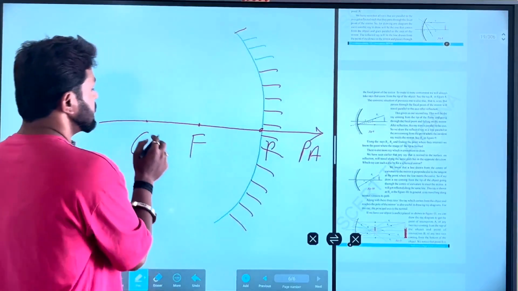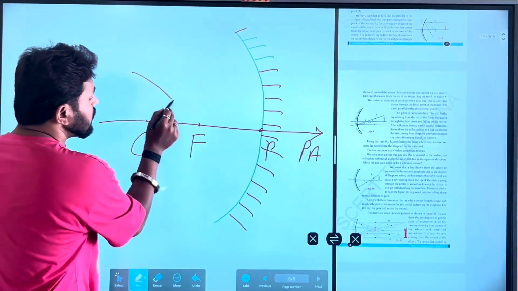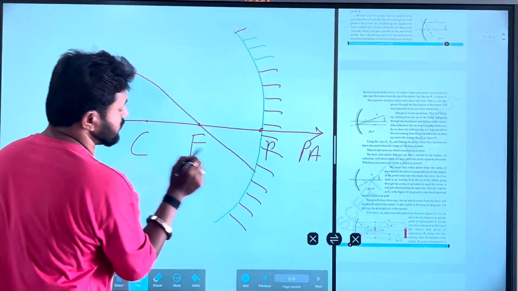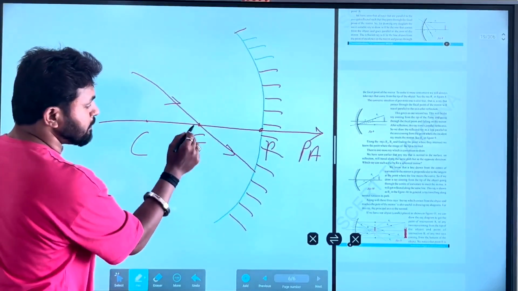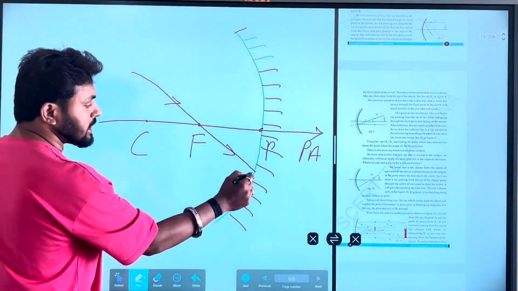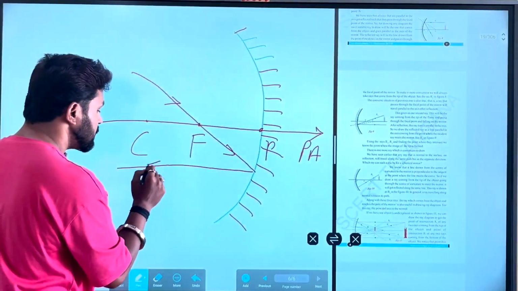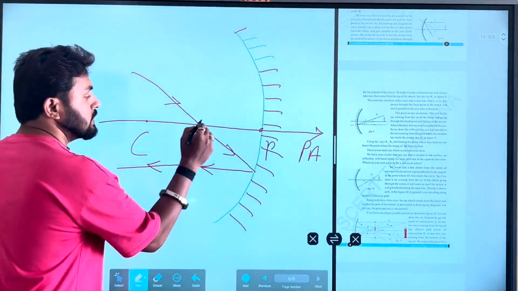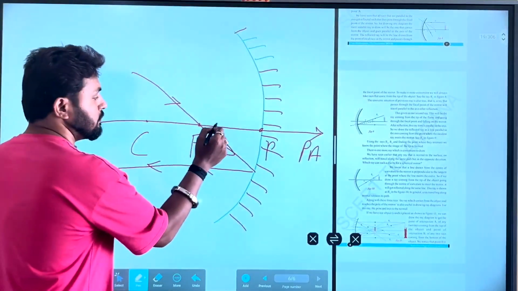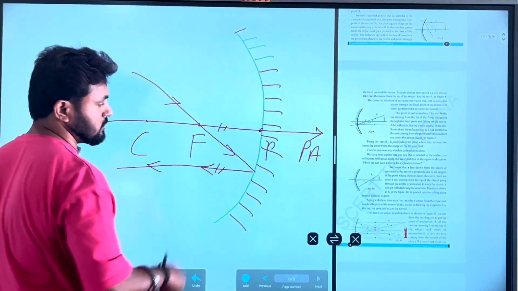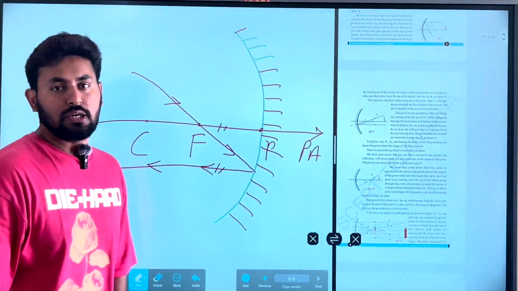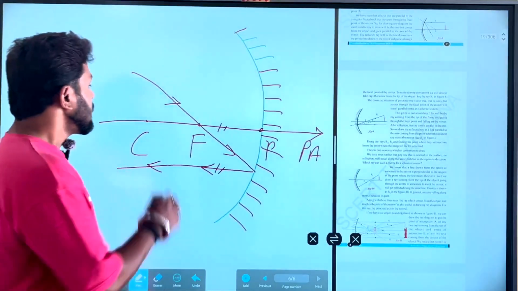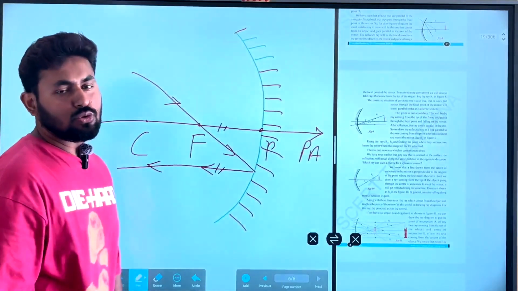As I told you, a ray of light coming from infinity passing through the focus, after striking the mirror, will be parallel to the principal axis. Now as you know, in maths we show this sign as parallel to each other. Now these two lines are parallel to each other. That's how after striking the mirror it will be parallel to the principal axis.